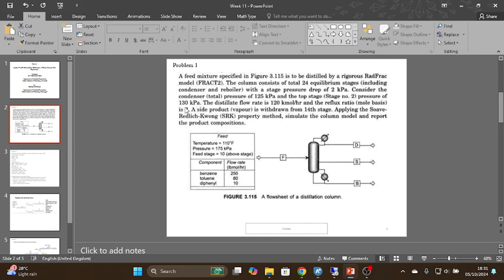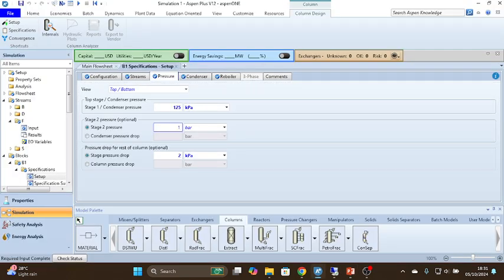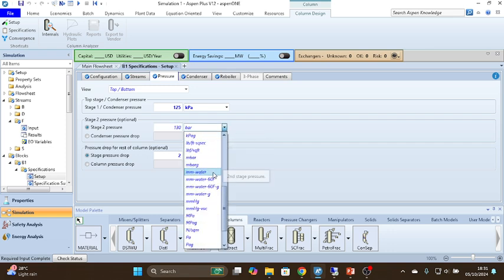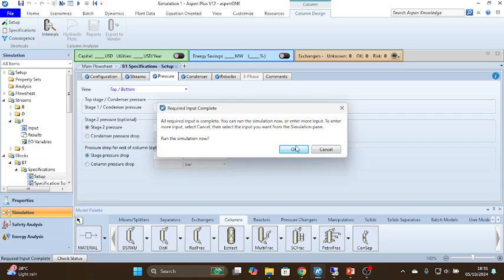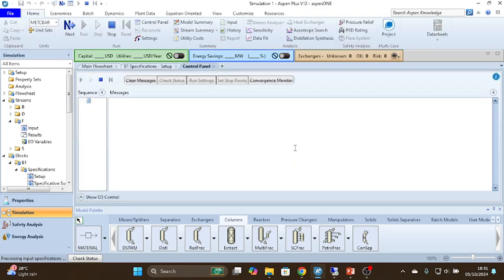And the top stage pressure is given as 130 kilopascal. Now the required input is complete. Now we are going to click on next and we are going to run the simulation.